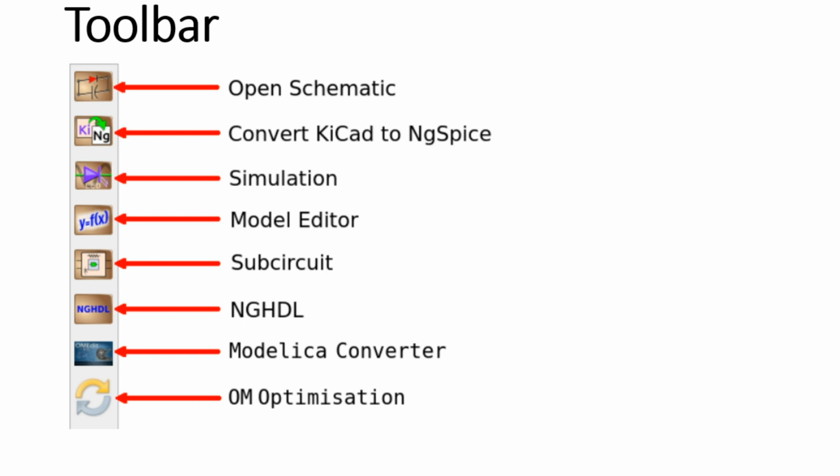And next is the simulation. If you would like to visualize the simulated output for the circuit design, we click the simulation button. Next we have model editor, followed by sub-circuit. Then we have ngHDL, then the Modelica converter, and the last one is the optimization tool, OM optimization.